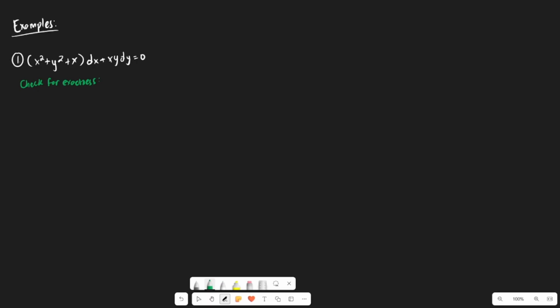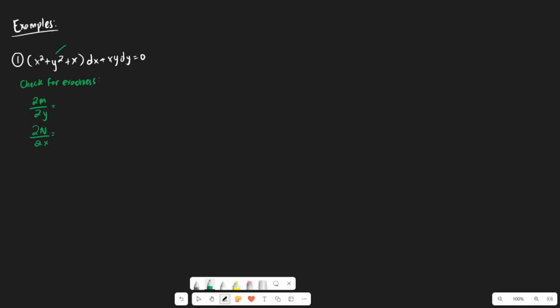To check for exactness, we have to find the partial of M with respect to y and also the partial of N with respect to x. So we have to solve for the partial of M with respect to y.